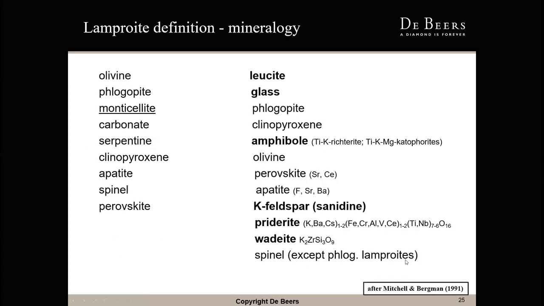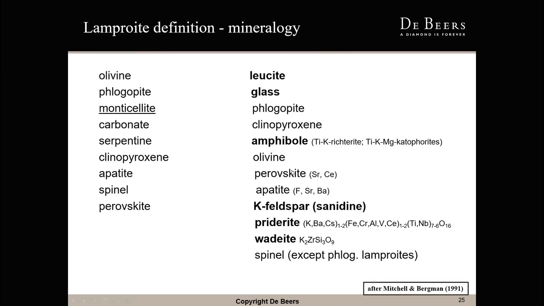And if you look at the mineralogy very quickly, on the left-hand side, these are the typical minerals that you find in a group 1 kimberlite and to a degree group 2, with the exception of monticellite groundmass. On the right-hand side, these are the minerals that you see in a lamproite.